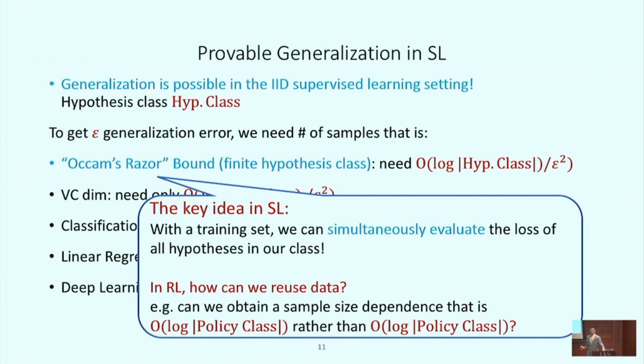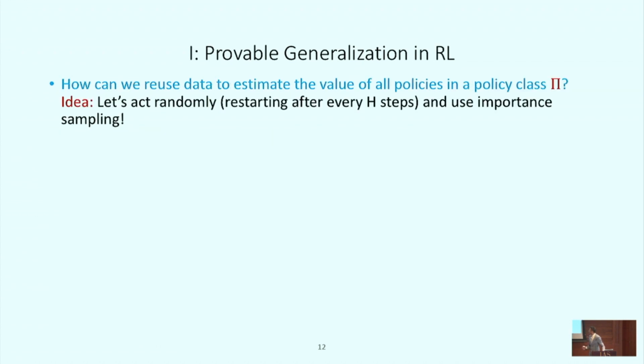Okay, so how we thought about generalization in RL, where we actually want to deal with very large policy classes and high-dimensional state spaces. Okay, so we'll go through a quick tour of how we think about generalization in RL. Probably the most basic one is, look, if I want to reutilize my data, how about I just act randomly and try to do importance sampling?